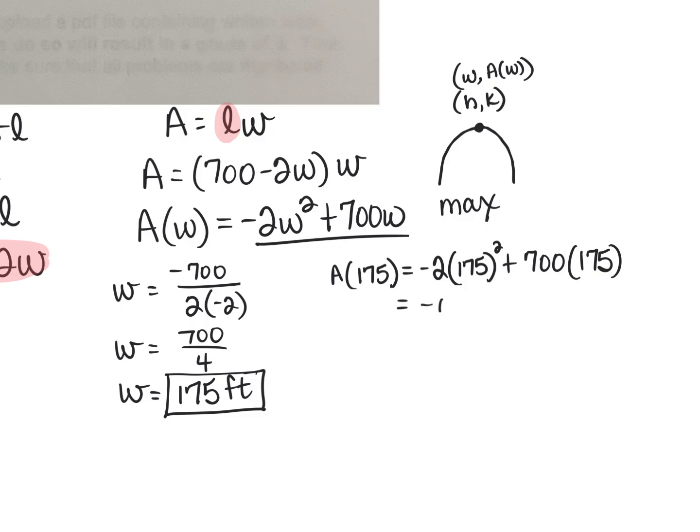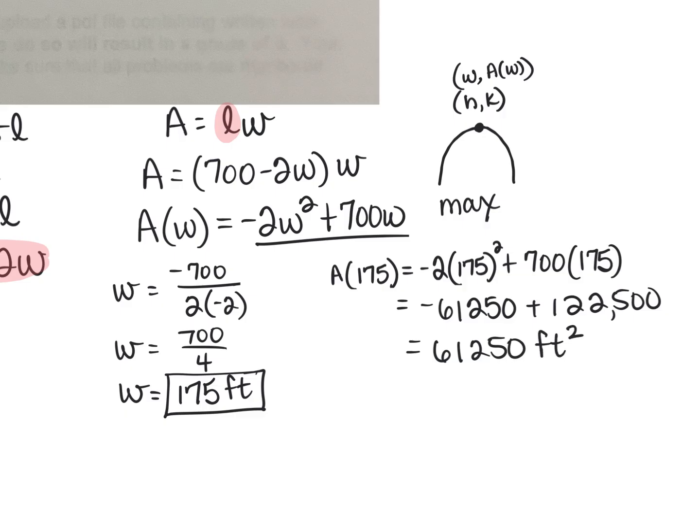We've got negative 61,250. And then 700 times 175 is 122,500. So if we subtract 61,250 from that, we end up with 61,250. So this is the maximum area that can be created if your width is 175.